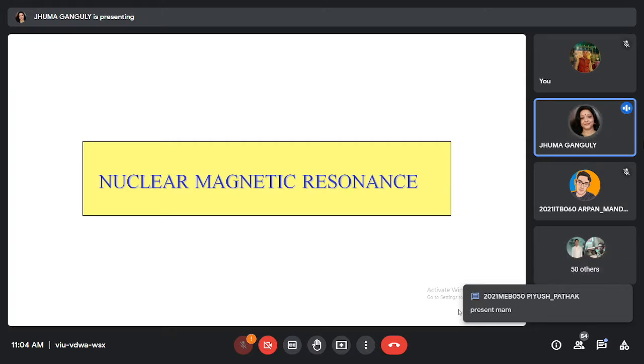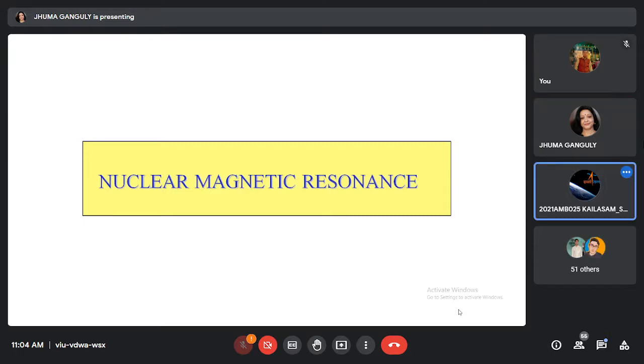What is NMR? I can try to guess. I guess it's magnetic, so you need some magnetic parameter, and these magnets resonate around the nucleus.